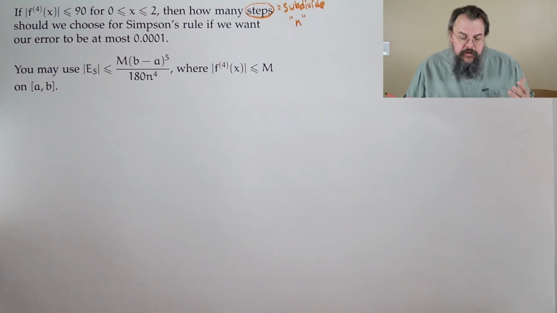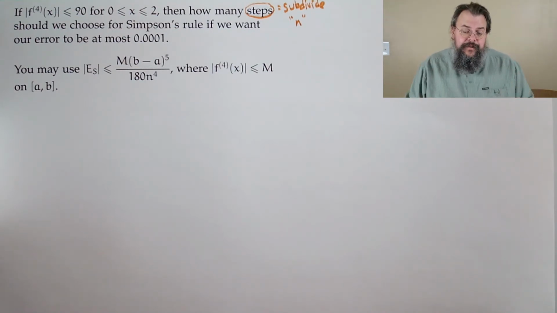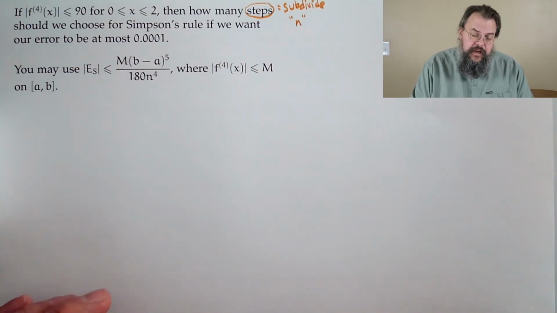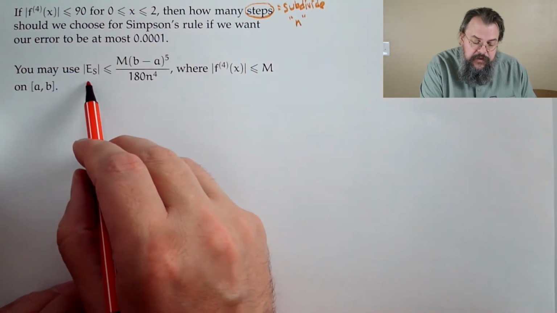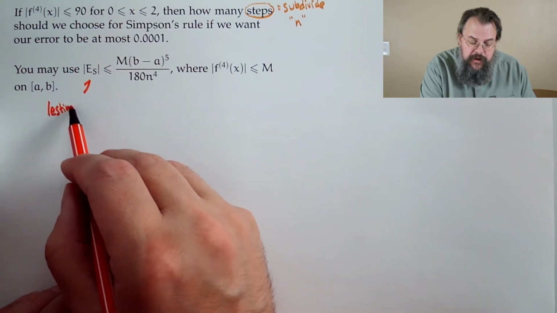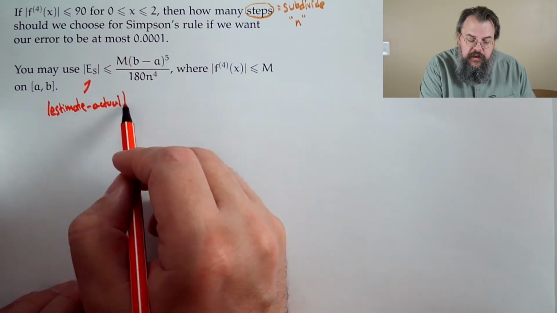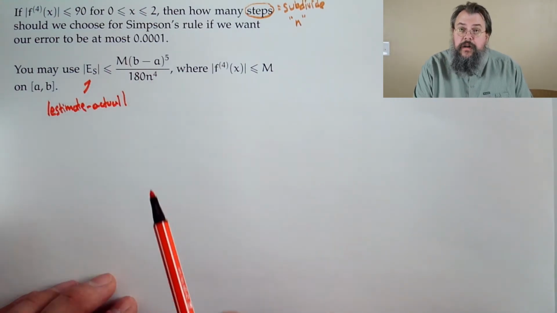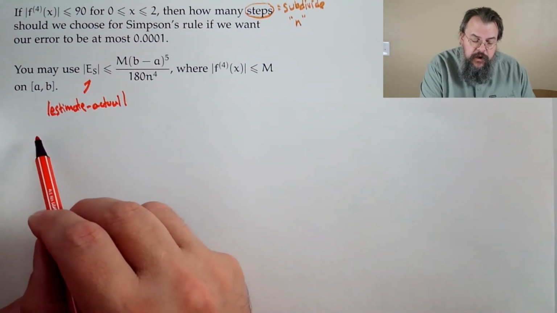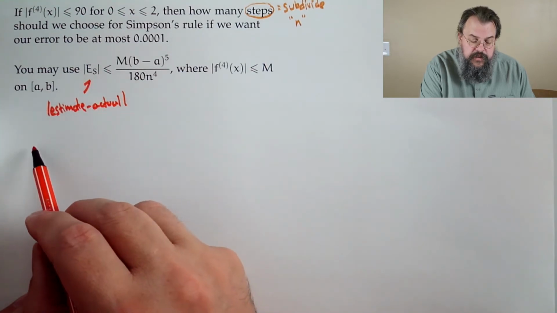Okay, so the good news is we have a formula. It says, look, if we're looking for our error in Simpson's rule, and again, this is our difference between our actual and our estimate. So when we talk about error, it's saying compare the two pieces. Well, it's bounded by this quantity. So as before, we'll have our error in Simpson's rule. That's what the S is there for, Simpson's.